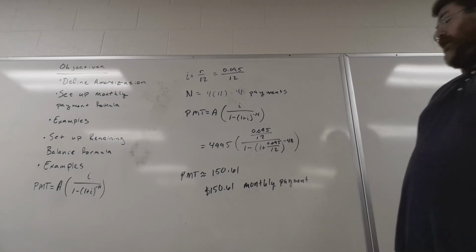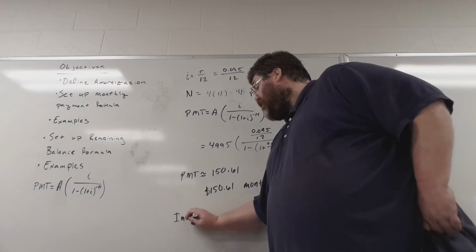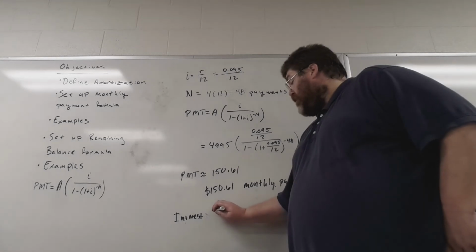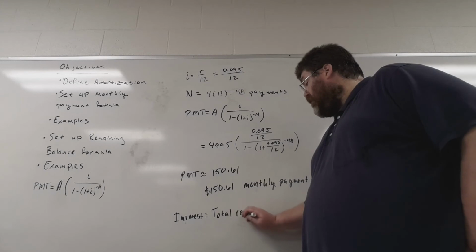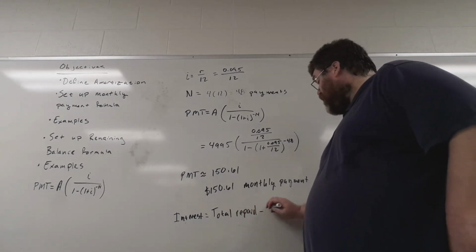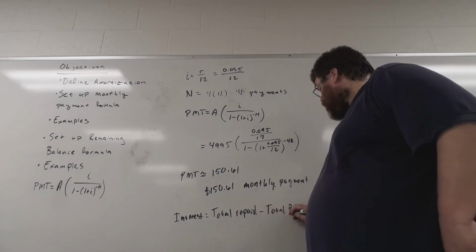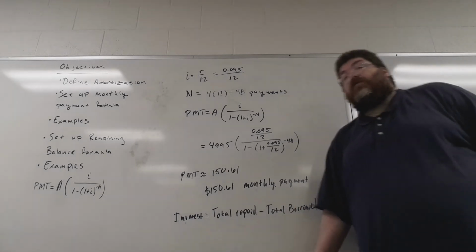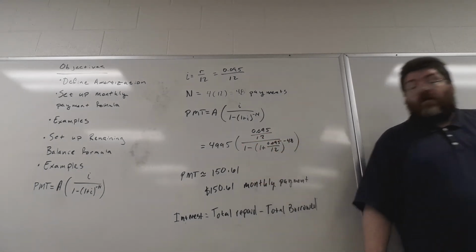Well, in order to find that, I am going to take the total repaid minus the total borrowed, because I'm paying back everything I borrowed and anything else pays off the interest.